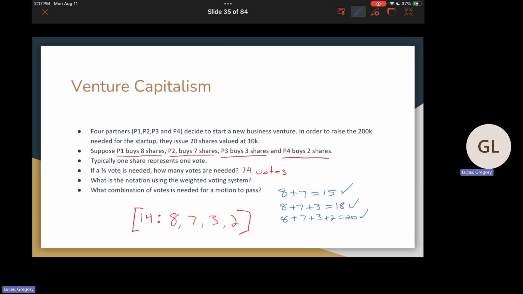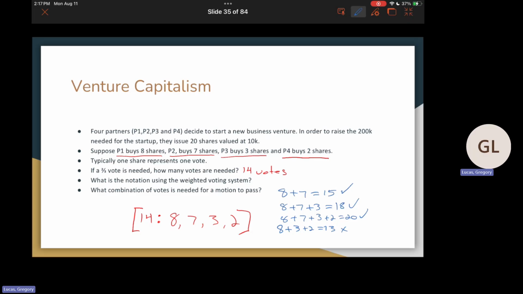Okay. Let's see if player 1 says yes, and the other two players say yes as well, but player 2 says no. So no 7 here. 8 and 3 make 11, plus 2 is 13. That would not pass. So if 1 and 2 don't agree, then something doesn't pass.